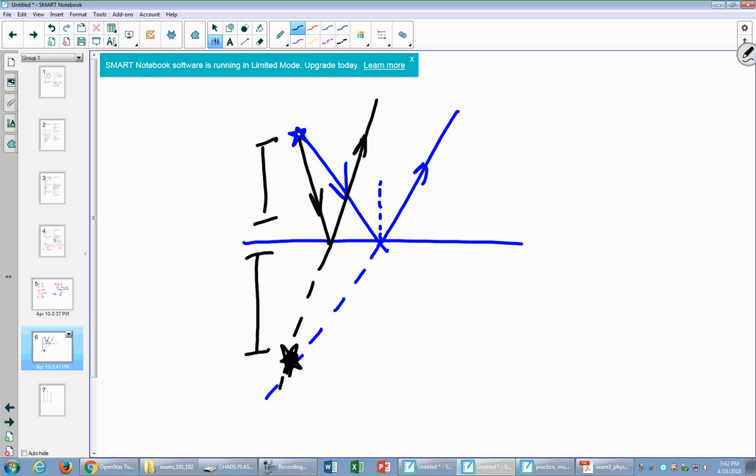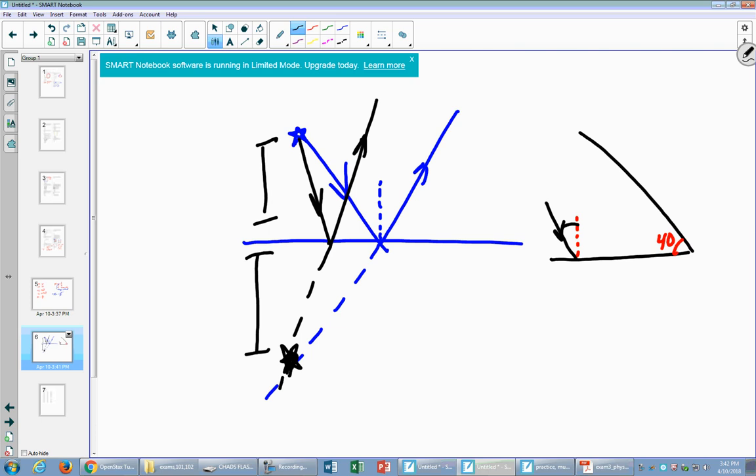What else? Yeah, of course. Let me just make up one. You just need to remember your law of reflection, and you need to remember your triangles. Let's do one like this. Let's say this angle is about 40 degrees. And then I have a light ray that comes in.